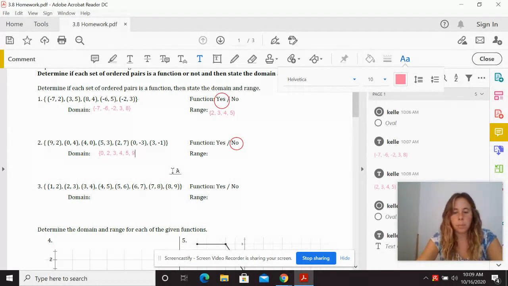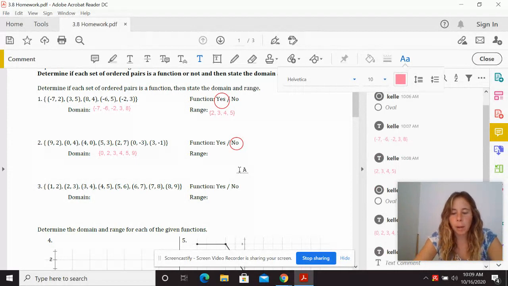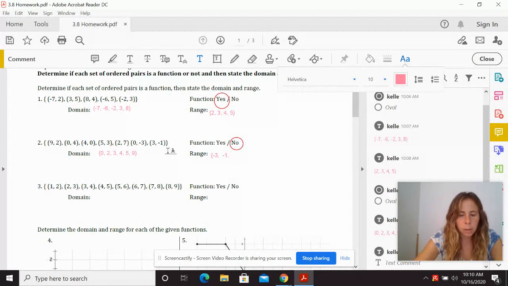That's my domain. Range, same thing, except now you're writing down the y values in order. So y is -3. That's my lowest one. Y is -1, and then 0. And then 2.